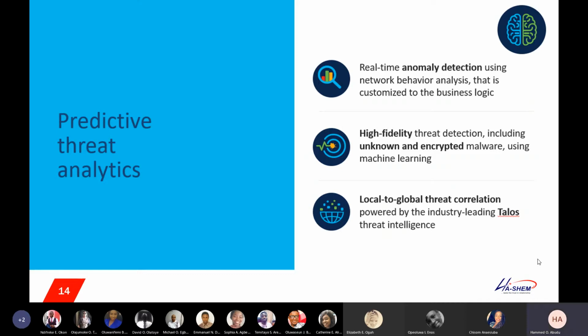Powered by the algorithm, it gives you very high fidelity alerts, and most of the alerts are found useful by Cisco Stealthwatch customers. This ability is also boosted with intelligence from Cisco Talos. So all this you get with Cisco Stealthwatch. We have the predictive threat analysis, which will not fail you because it is almost 99% accurate all the time.